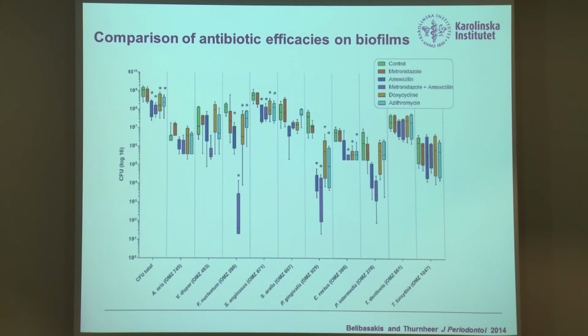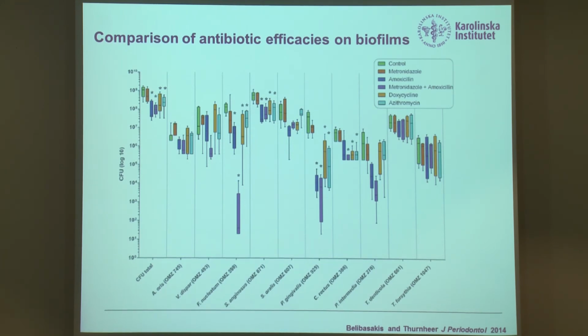So these 3 species are in the list of putative periodontal pathogens, and their levels have dramatically been reduced by this antibiotic regimen, which is the combination of amoxicillin and metronidazole.